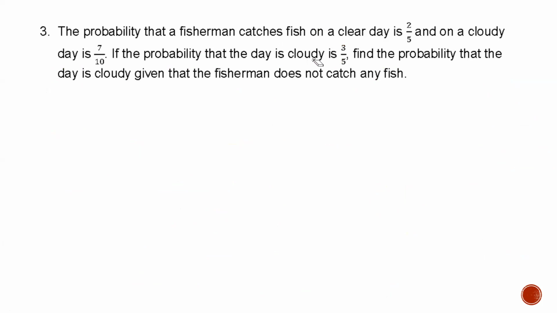Some of you might not have realized that it is actually conditional probability, because the commonest way this kind of question is solved is using a tree diagram. So we're going to look at using a tree diagram, but then you're going to see how it's actually, in fact, conditional probability.